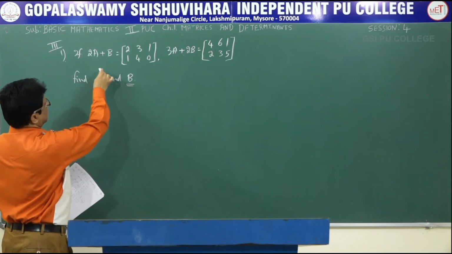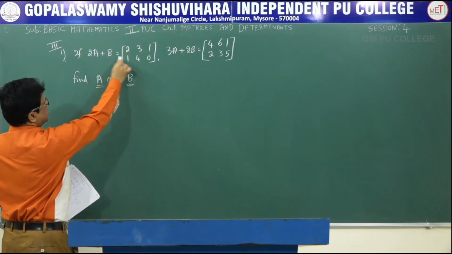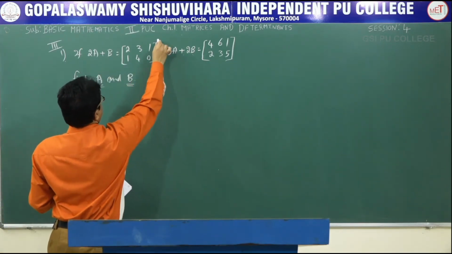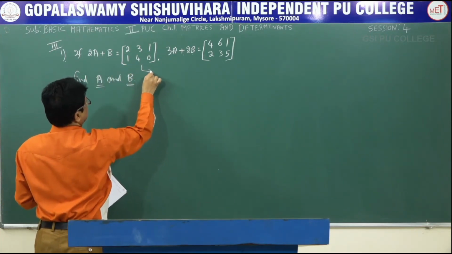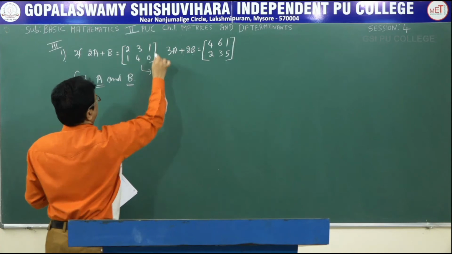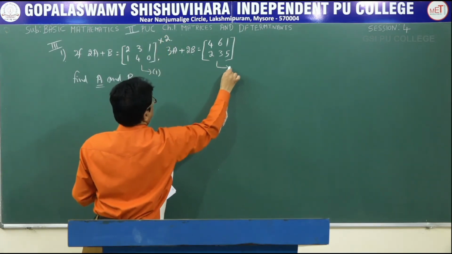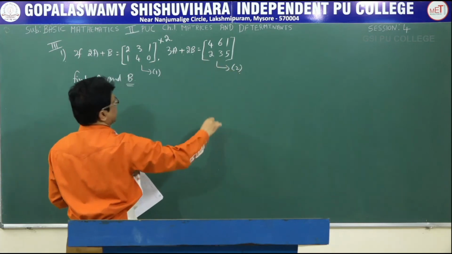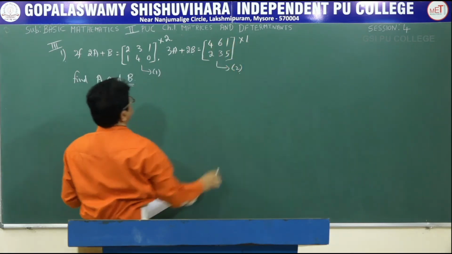So let us make the coefficients of B equal. Here B is there, here 2B is there. So let us multiply the first matrix equation by 2. Let us call this matrix equation 2 and the other equation 1.